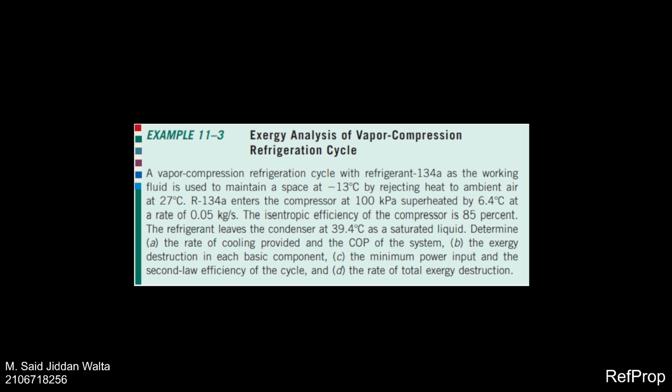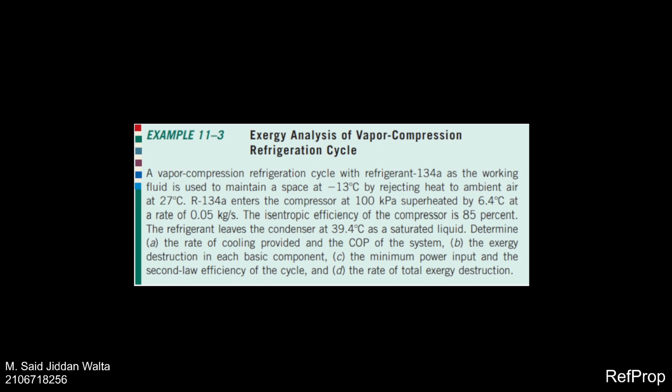So the given values are that the compressor inlet pressure is 100 kilopascals and the refrigerant is superheated by 6.4 degrees Celsius above the saturation temperature, at a mass flow rate of 0.05 kilograms per second. The isentropic efficiency of the compressor is 85%, while the outlet temperature of the condenser is 39.4 degrees Celsius as a saturated liquid.